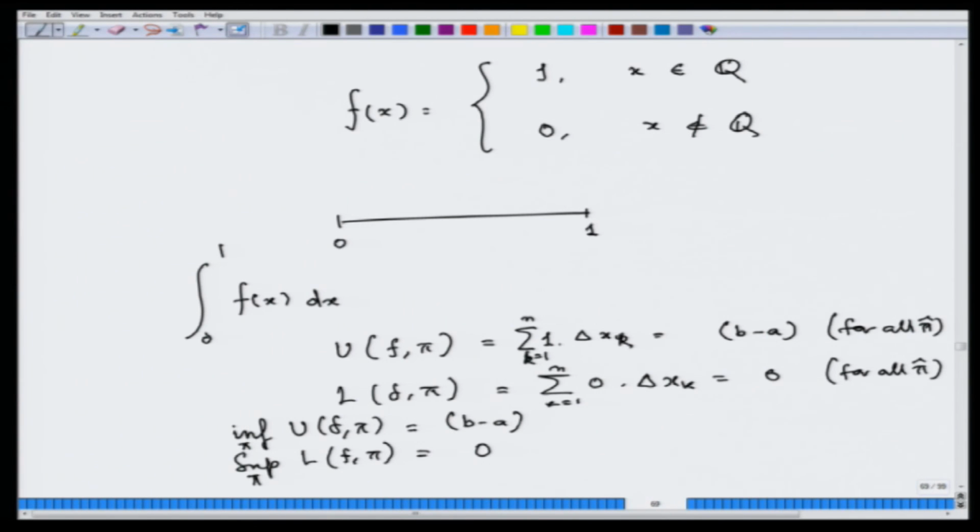Because b minus a is strictly bigger than 0, here b is 1 and a is 0, so this is 1. So, they are not equal. This implies that the integral from 0 to 1 of f(x) dx is not Riemann integrable.